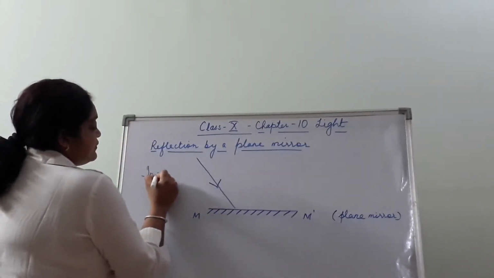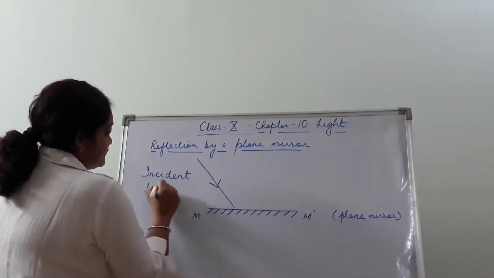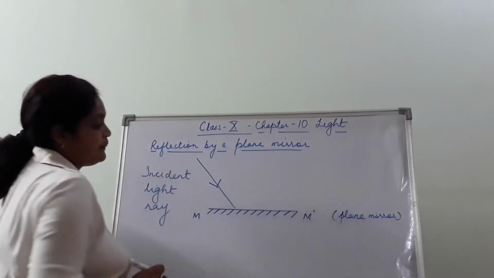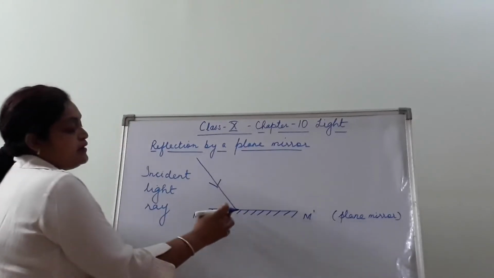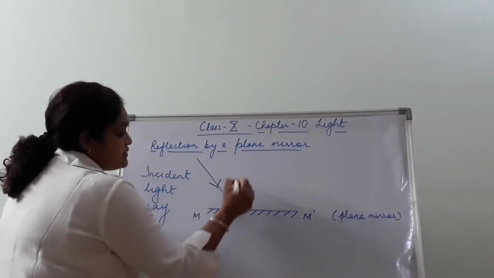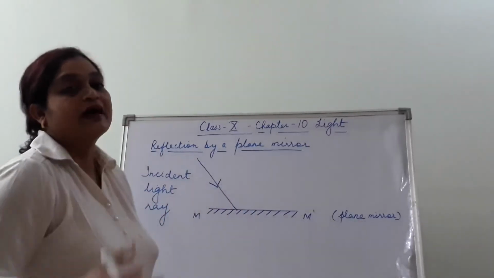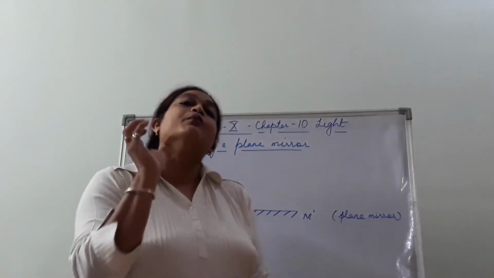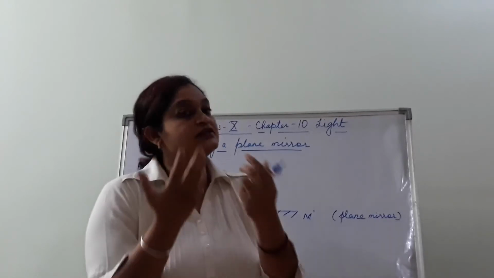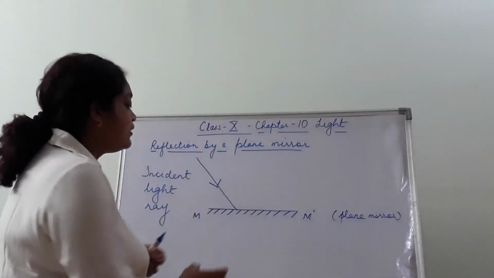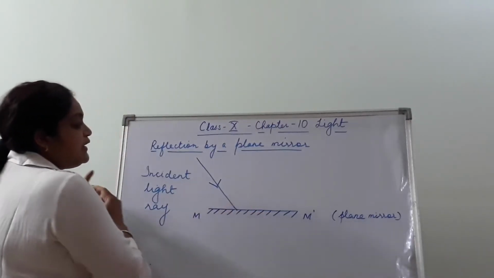This is the incident light ray. When the light ray strikes the mirror, at this point the light ray is bounced back. Just like when we throw a ball on the wall, the ball bounces back to us. In a similar way, when light falls on a smooth and polished surface like a plane mirror, it bounces back.